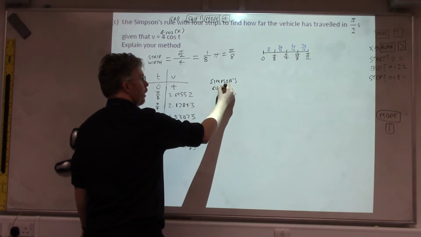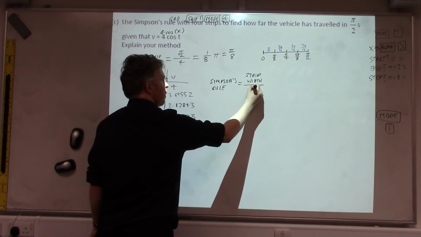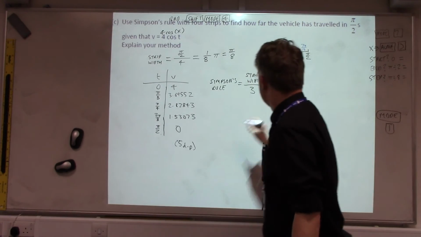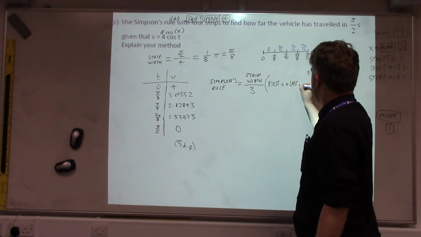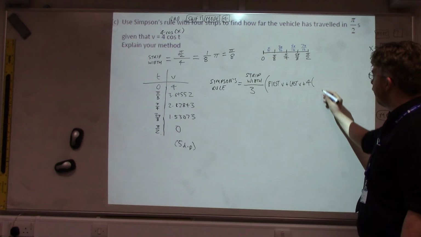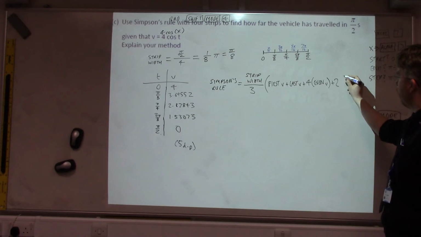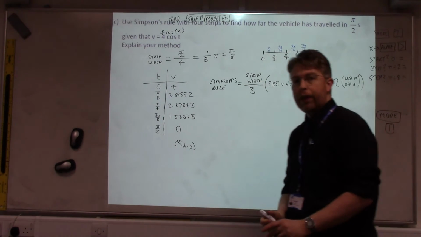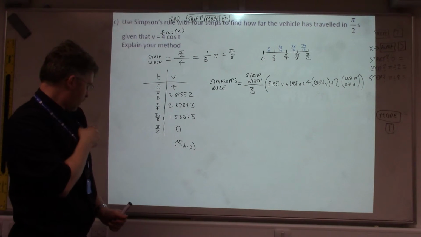So Simpson's rule is strip width divided by 3, open bracket, first V plus last V, plus 4 times, open bracket, the even V, plus 2 times, open bracket, rest of the odd V. Now, as with the last section, the even and odd V correspond to position.